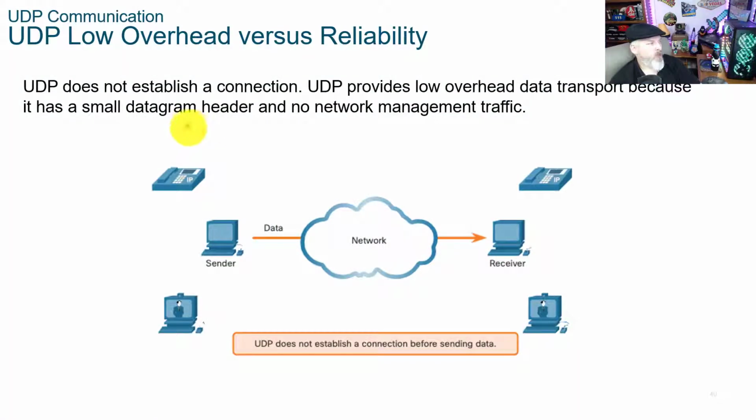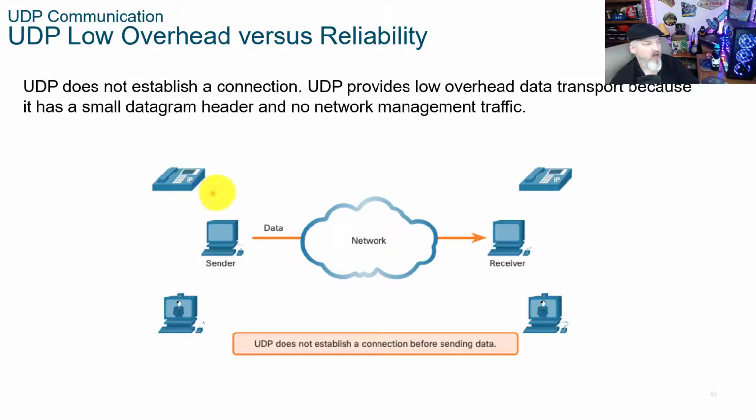UDP communication. UDP has low overhead versus reliability. It does not establish a connection. It provides low overhead data transport because it has small datagram headers and no network management traffic. So again, it's the honey badger. It just doesn't care. It's small. It's meant to be small. It's meant to not take up as much data traffic because there's a lot of information.